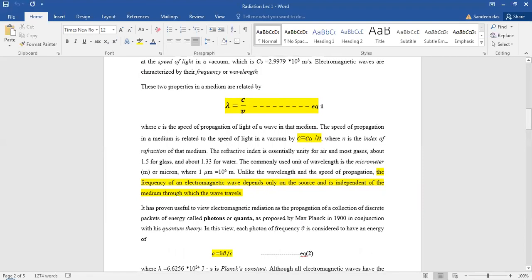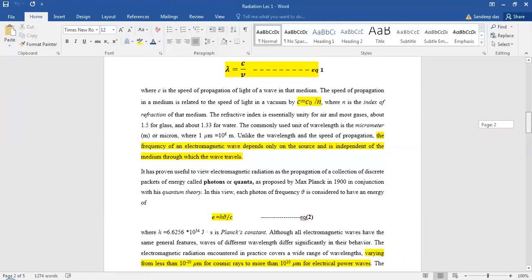Unlike wavelength, which depends on the refraction index of the medium, frequency doesn't depend upon the medium through which it travels. That is, the frequency of an electromagnetic wave doesn't depend upon the refractive index of the medium through which it travels. It only depends upon the source from which it comes out.